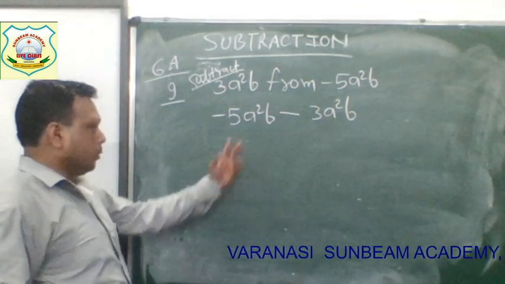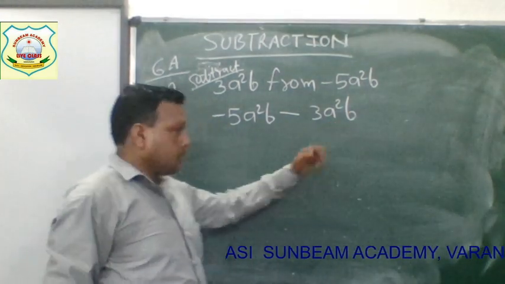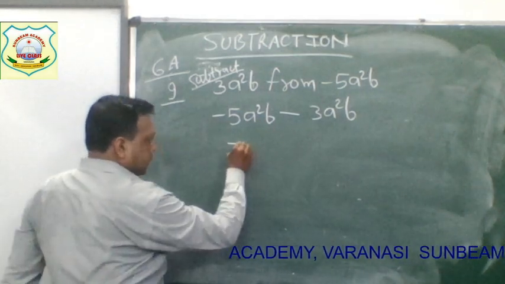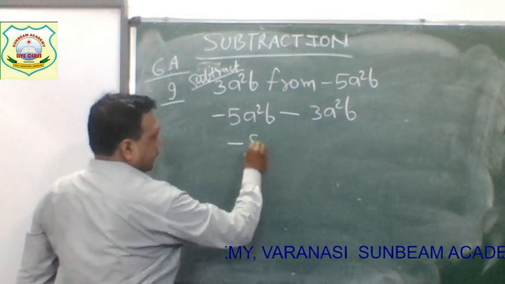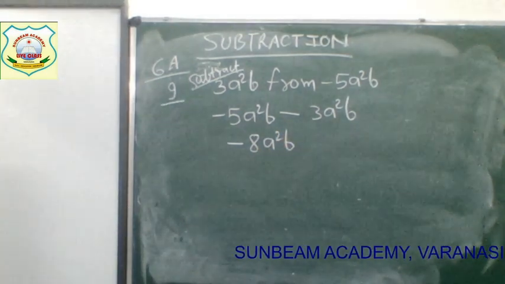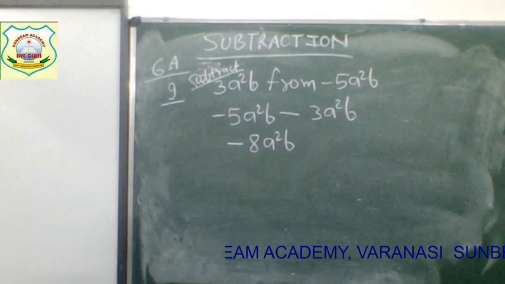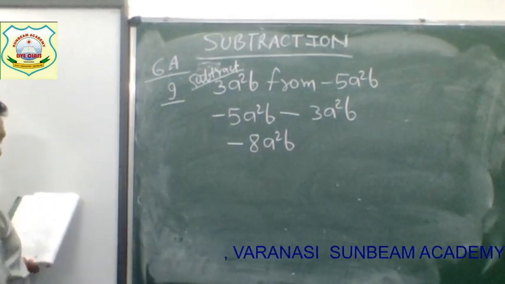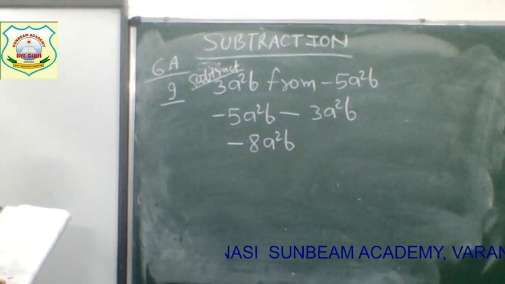You can see both have the same variable, like terms, minus minus plus. So −5 plus 3 is 8a². It will be your answer. Okay, question number 9. Do everyone. Then 10, do it yourself. Then 11.